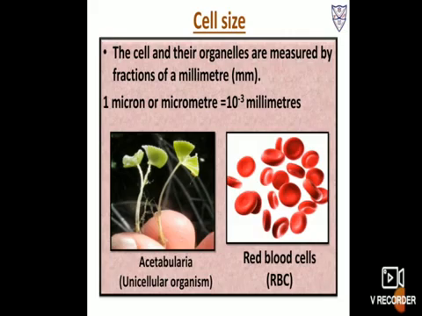They need to be enlarged or magnified by a microscope to be seen. The size of cells varies from very small cells of bacteria to the very large cell of eggs of ostrich. In our body, the red blood cell is the smallest and the nerve cell is the largest cell. The alga Acetabularia, a unicellular organism, consists of a single cell having a length of 10 mm.